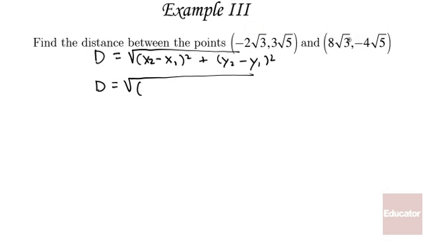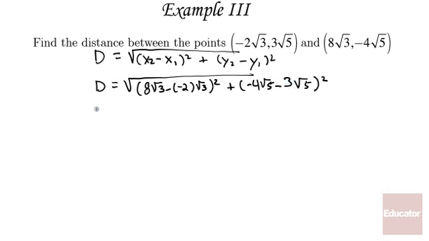So starting out with x2, that's 8 radical 3 minus -2 radical 3, and this entire expression is squared. Now, y2, that is -4 radical 5 minus y1, which is 3 radical 5.